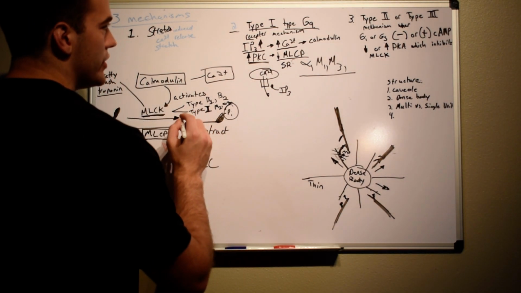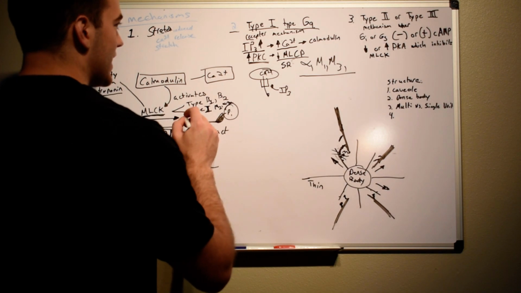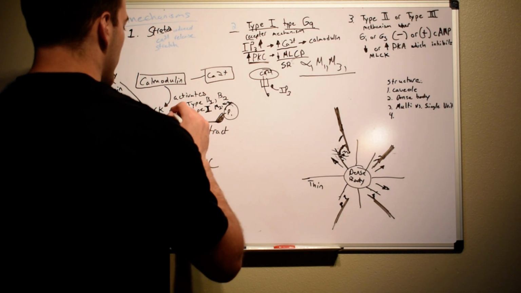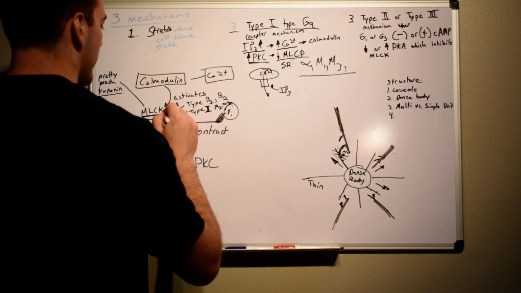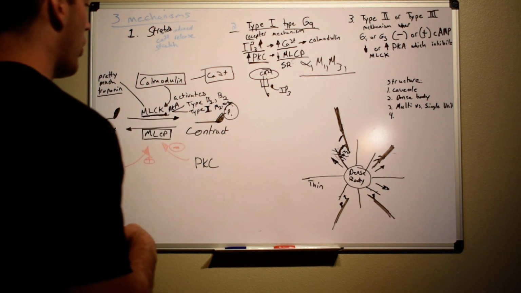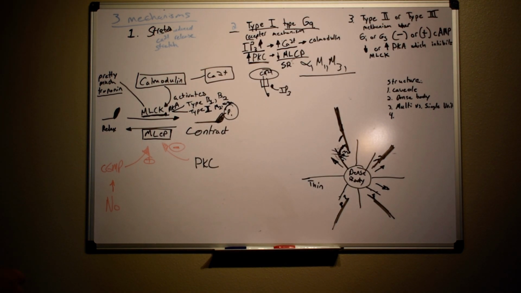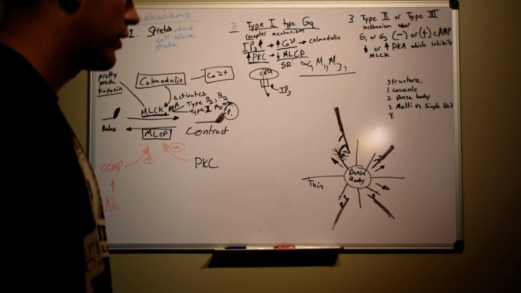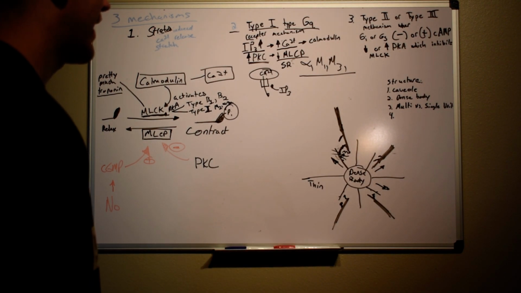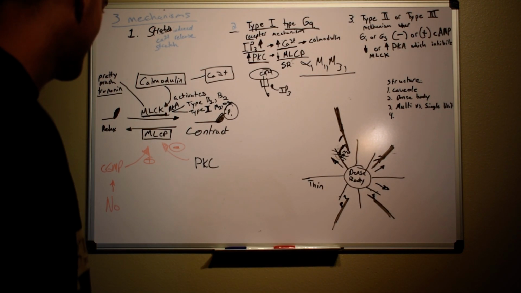So this is going to decrease the amount of protein kinase A, and the protein kinase A is responsible for either inhibiting or allowing the myosin light chain kinase to phosphorylate the myosin heads. Alright, so that ends my spiel on that.